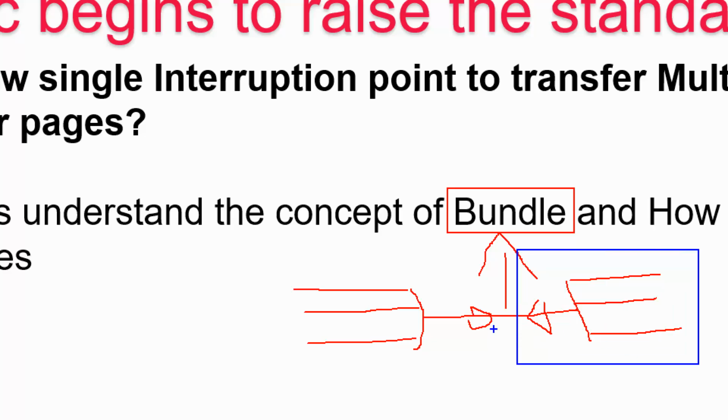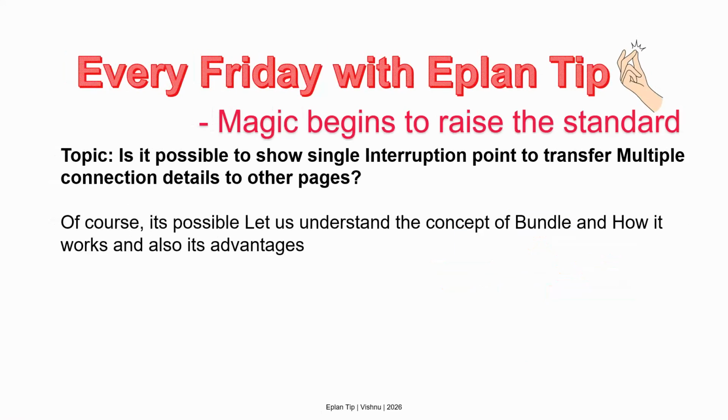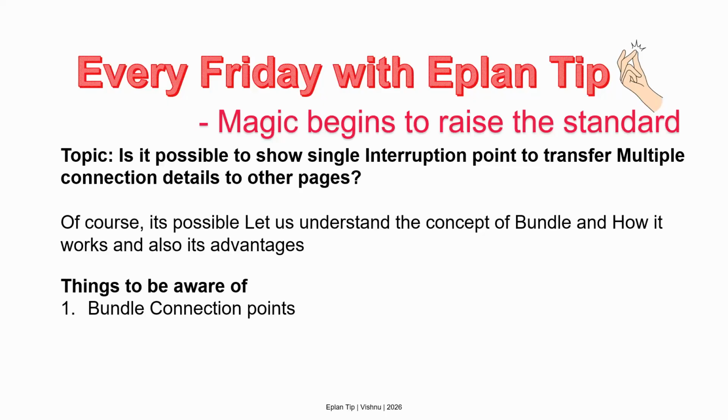Let us explore a little what exactly the bundle is and how to use it. When I'm using it, how do I know whether I did it correctly or not? We will go through all these things one by one once we get into that particular bundle. Before we go there, as usual, things to be aware of. First, you should know where you get these bundle connection points.